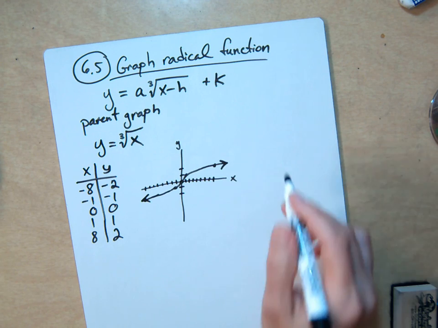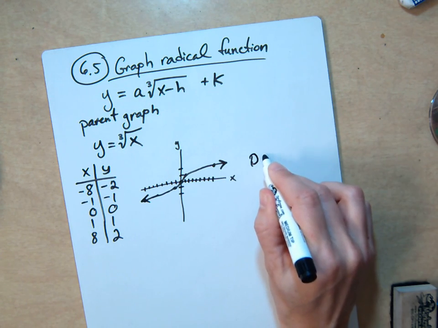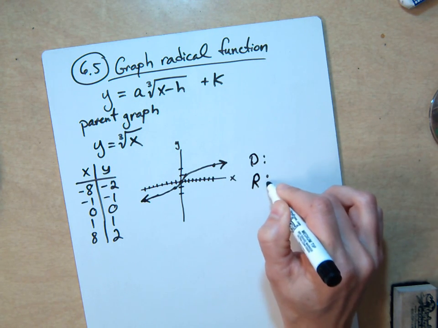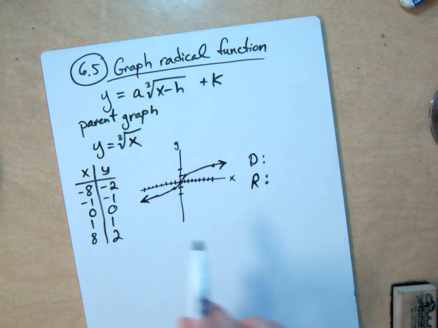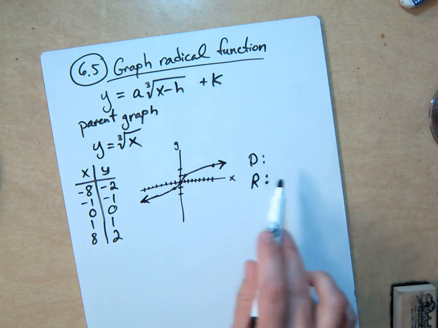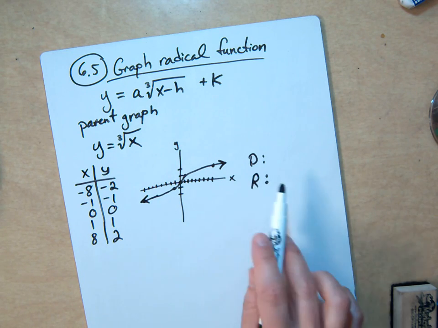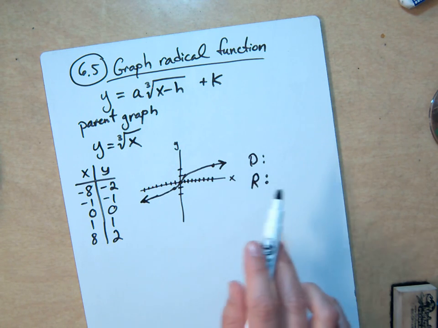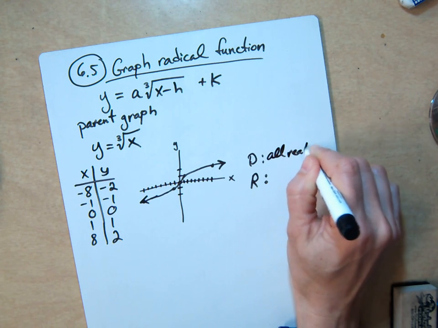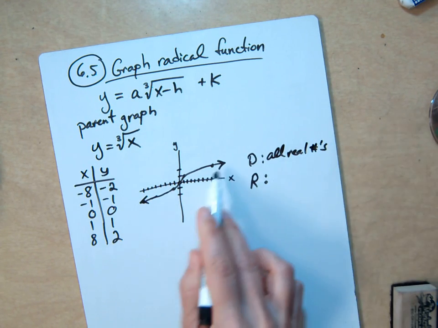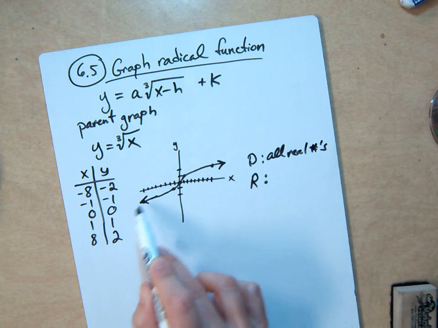But let's do the domain and range, and then we'll make a connection to something that we already knew. Domain. This is such good practice of domain and range. Domain is to the right and the left. It's all the set of possible x values. All real numbers. Yes. It goes all the way to the right and all the way to the left.